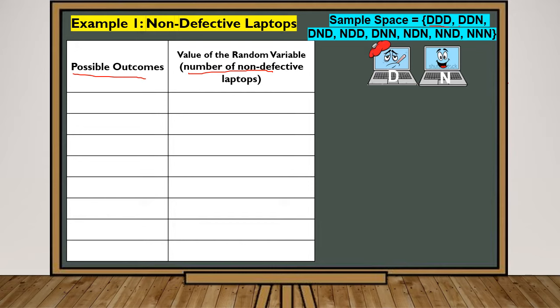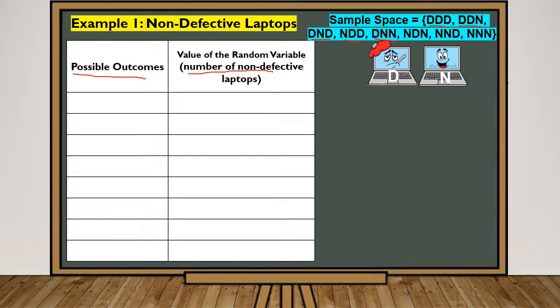The second possible outcome is 2 laptops are defective and the third one is not. Next outcome, the first laptop is defective, the second is not defective, and the third one is defective. The fourth outcome, the first laptop is non-defective, the second is defective, and the third is defective.